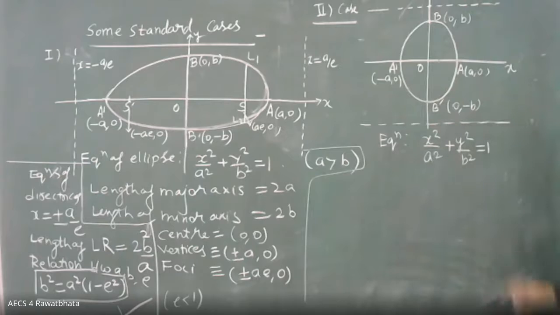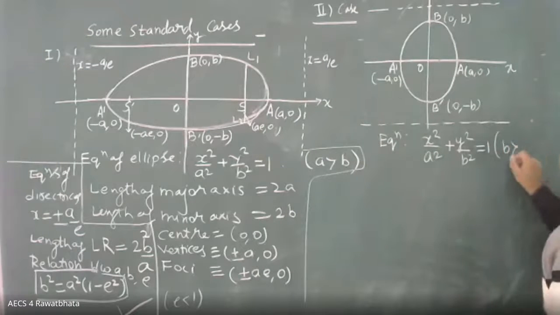So here, what should be the relation between a and b? Which one is looking more? Here, this is a comma 0, this is 0 comma b, this is a, this is b. So here, b is greater than a. Right, students? b is greater than a.